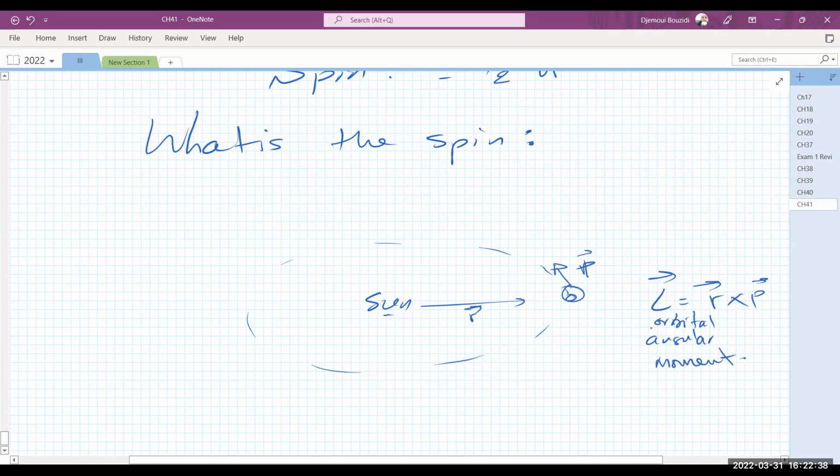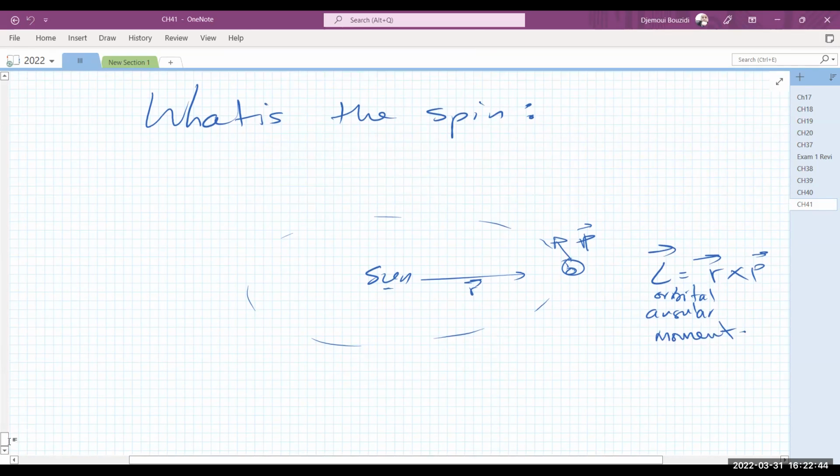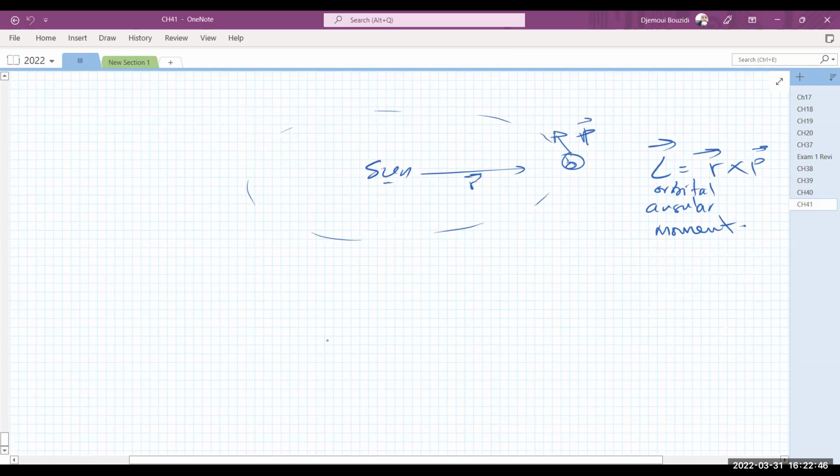Okay. Add to it the spin of the Earth around its own axis. So imagine the electron is a sphere, and it has an internal motion, in this case, around some axis.